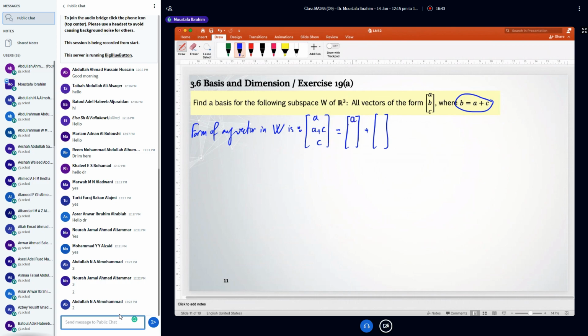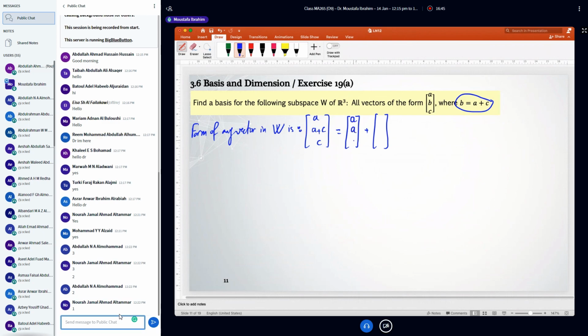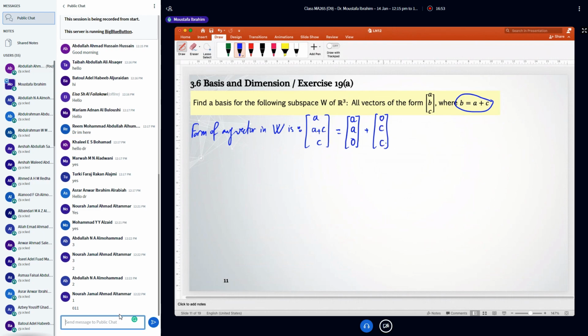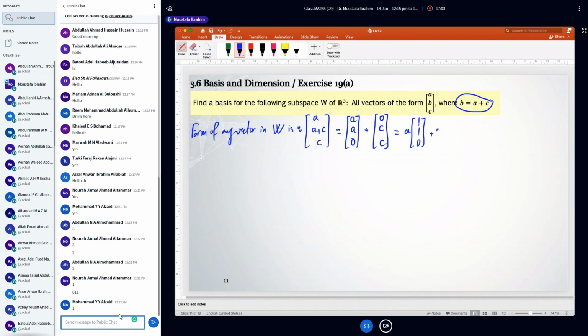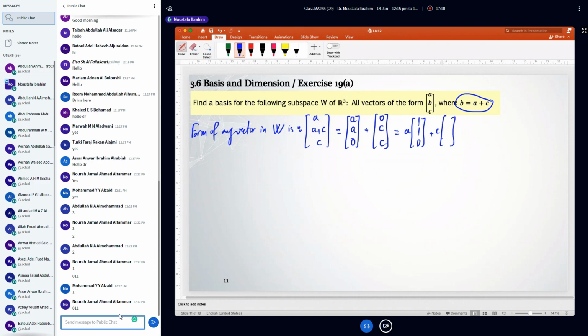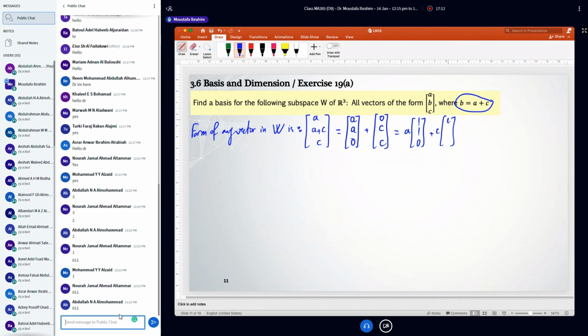We have one A, here one A, here 0. For C, how many C do we have? 0, then 1, then 1. So if we take A as common factor, A is multiplied by what? If you put A outside, you will get 1, 1, 0. And C, what do you get? Tell me directly the vector. Correct, so 0, 1, 1. Very good.